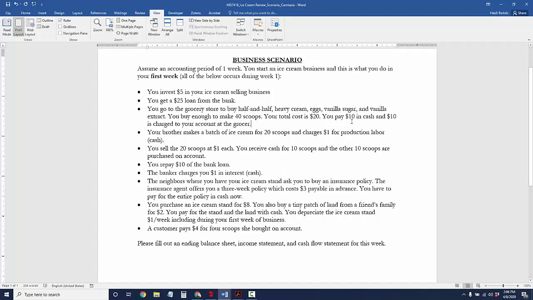And the way you pay for this is you use $10 in cash and $10 is charged to your account at the grocer. This means that you don't pay cash today, but you will have to pay the grocer at some point in time for the $10 of ingredients that you have received. So let's see how this transaction affects the financial statements.